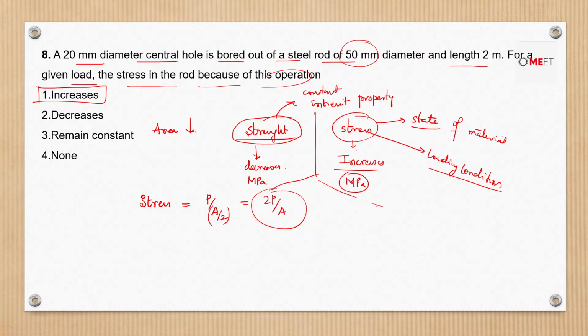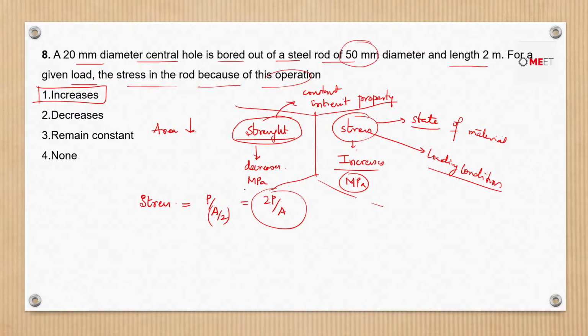Strength tells about the material's capacity to bear the load, but stress tells the state of the material when it is under the action of forces. That is, whether the material is behaving elastically, plastically, or is on the point of rupturing. But strength is going to be constant.